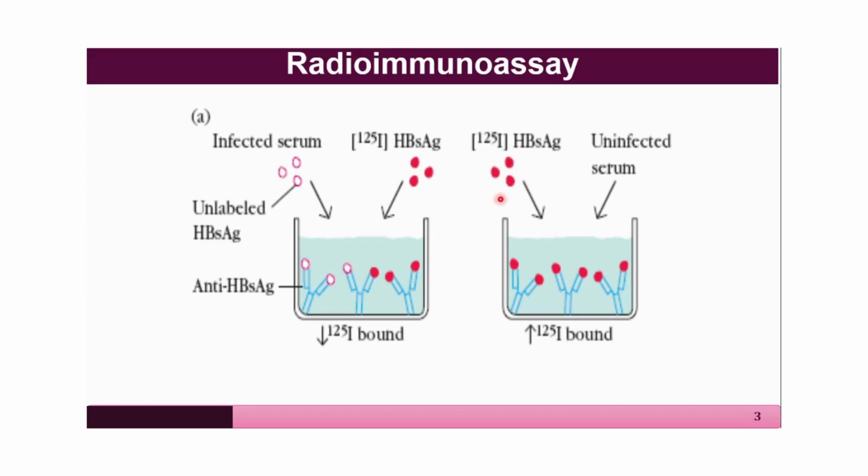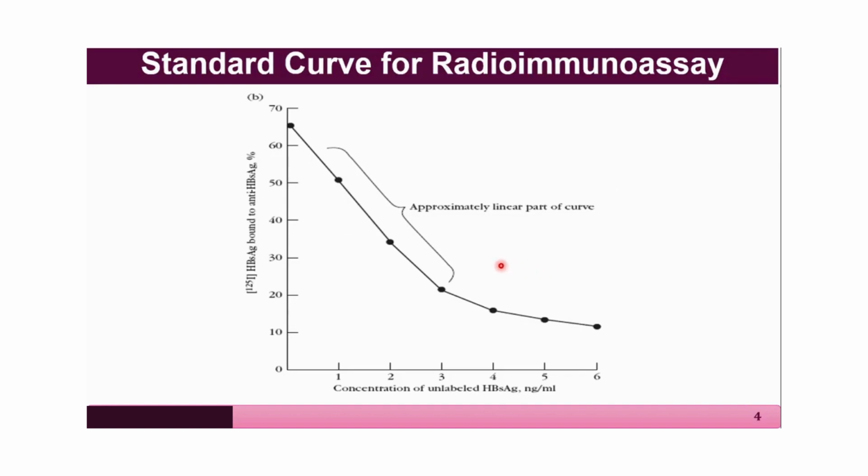Now, let us take this example of the right hand side of the uninfected serum, and if you take the radioactive count of this sample, in the curve the sample will have the count of the highest radioactivity, which will be here between 60 to 70, because there is no competition for the labeled antigen here.